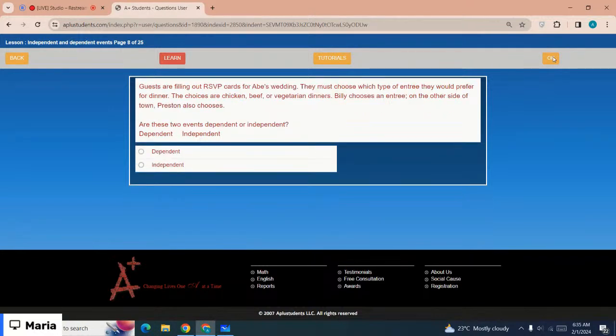Guests are filling out RSVP cards for Abe's wedding. They must choose which type of entree they would prefer for dinner. The choices are chicken, beef, or vegetarian dinners. Billy chooses an entree, and Preston also chooses. Are these events dependent or independent?